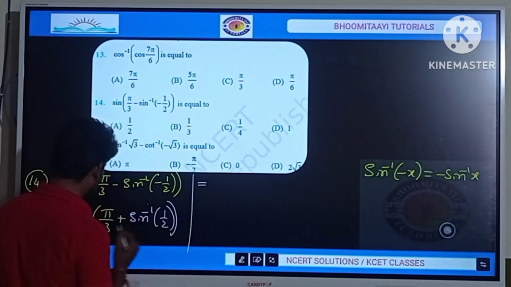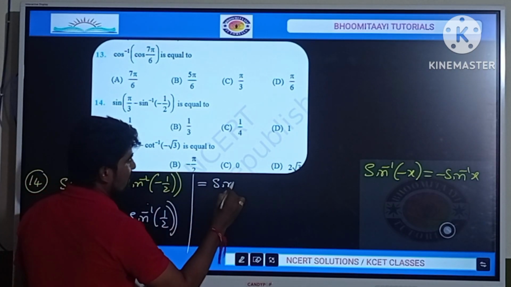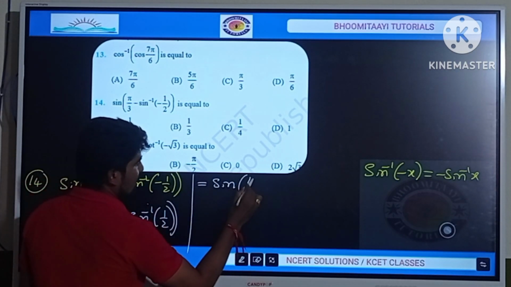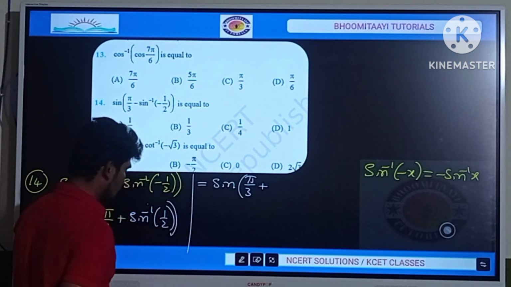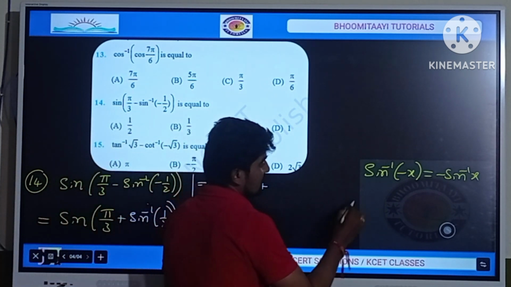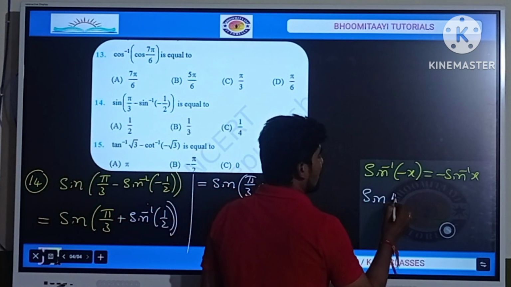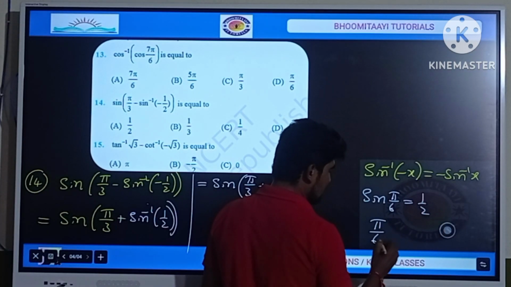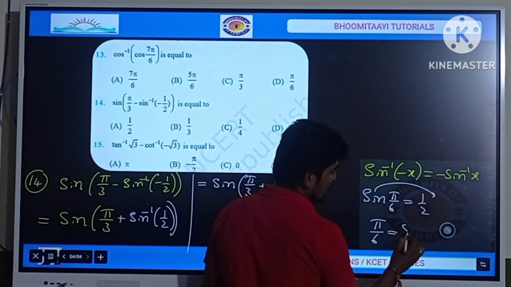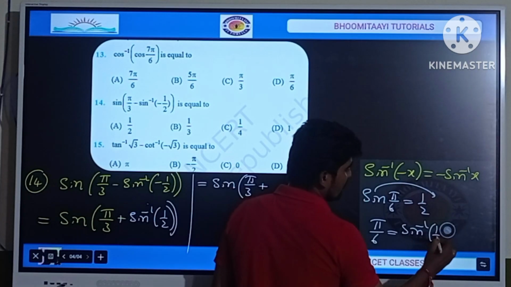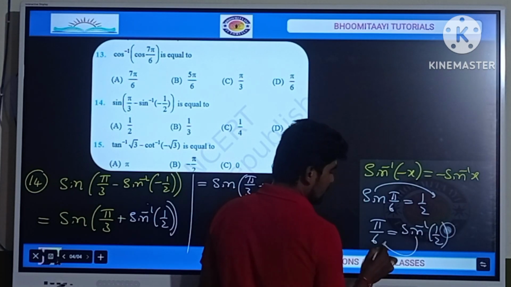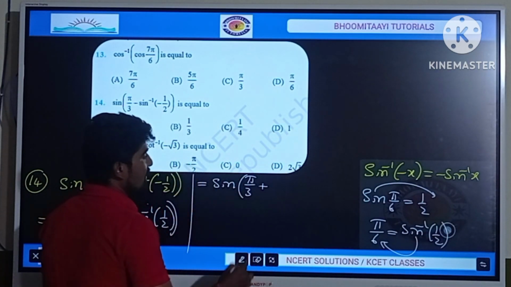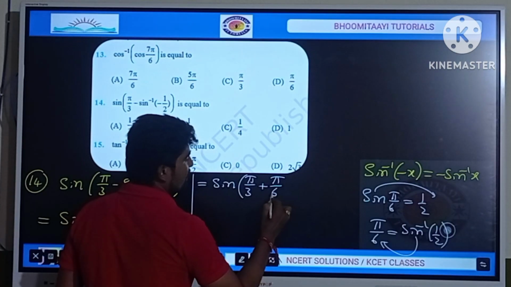Now, which is equal to sin of pi by 3 plus, again we know that sin pi by 6 is equal to 1 by 2, therefore pi by 6 is equal to sin inverse of 1 by 2. Therefore the value of sin inverse 1 by 2 is pi by 6.